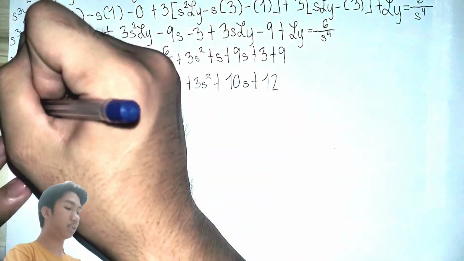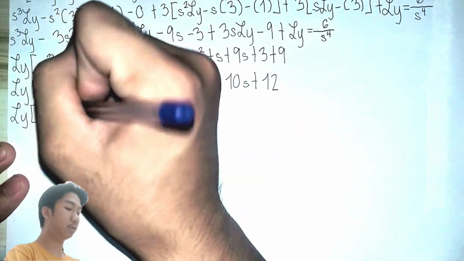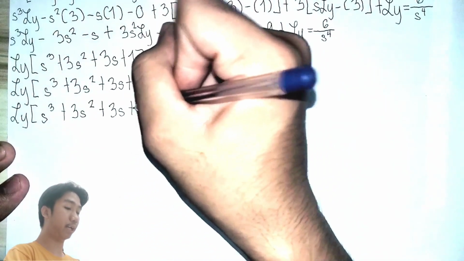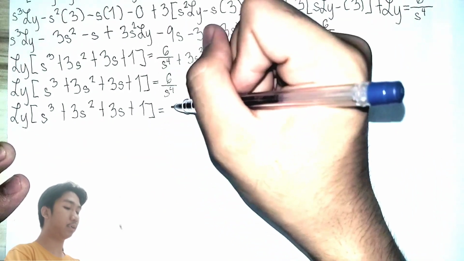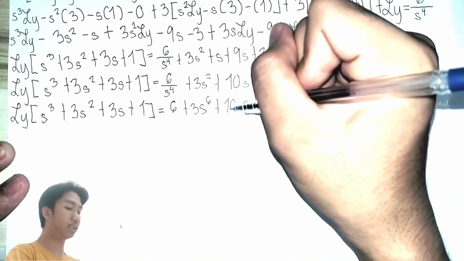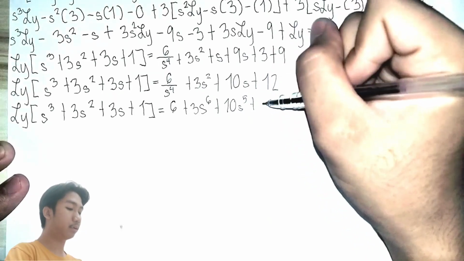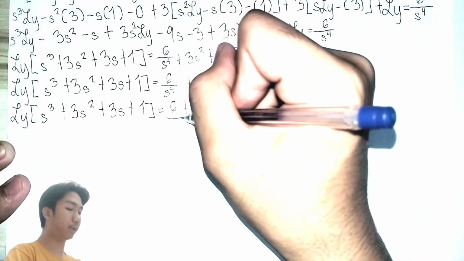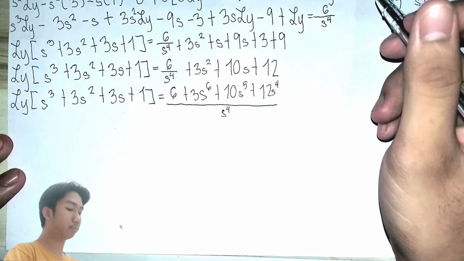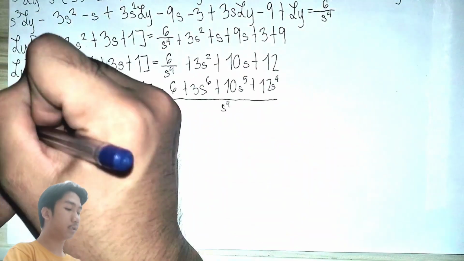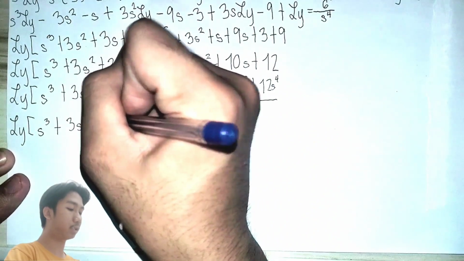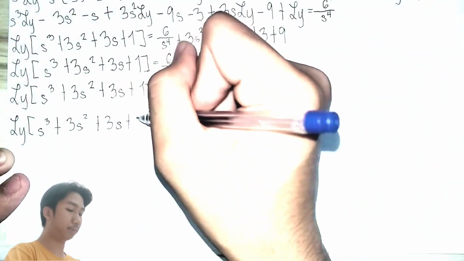We simplify the right side by making the whole equation into one denominator, s raised to 4. s raised to 4 divided by s raised to 4 multiplied to 6 is 6. s raised to 4 multiplied to 3s squared is 3s raised to 6, plus s raised to 4 multiplied to 10s is 10s raised to 5, plus 12 multiplied to s raised to 4 is 12s raised to 4, all over s raised to 4.